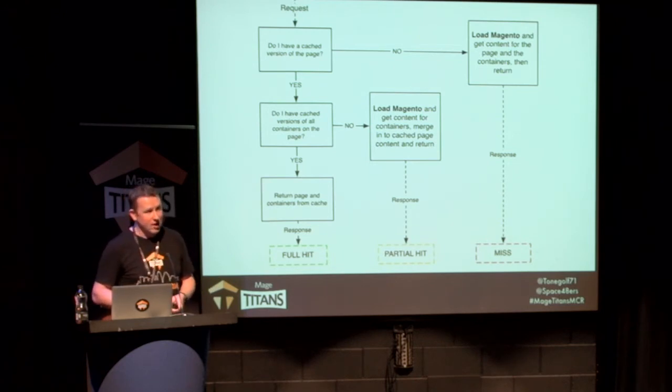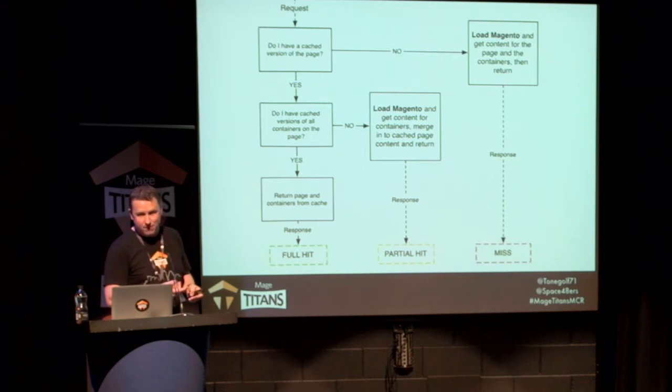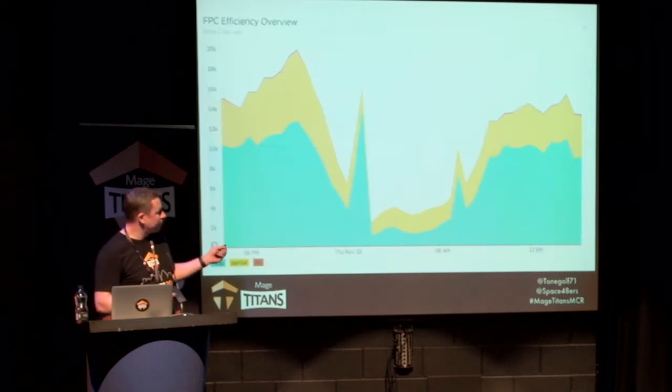If one or more of those containers doesn't have a cached copy, it's either been expired or it's not been cached yet, then we go into this middle state, which does require the full Magento application to load, and then it will get the content for those containers, merge it together, and pass it back. So it's less efficient, and that's why we've got this visibility here of understanding how it's performing.